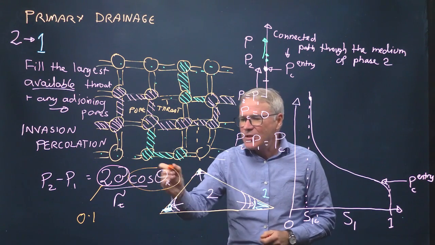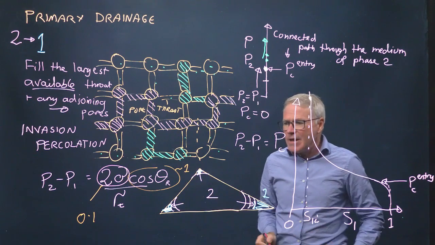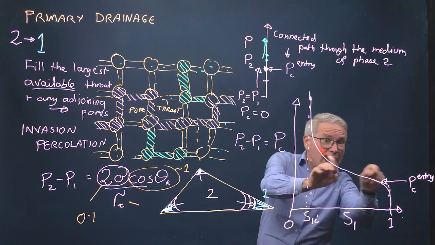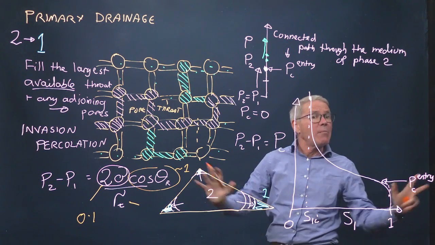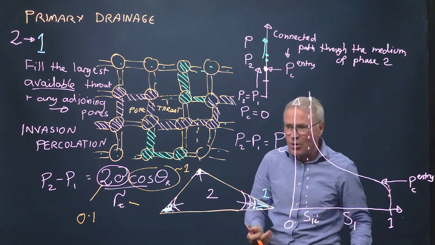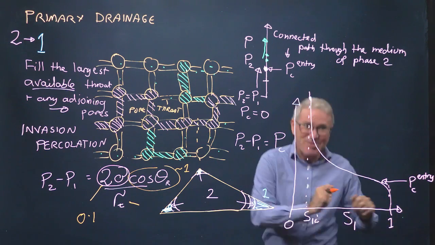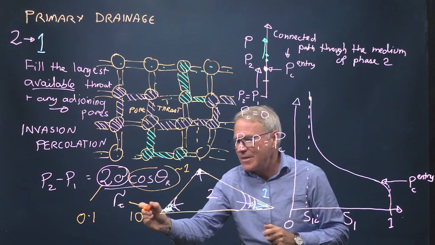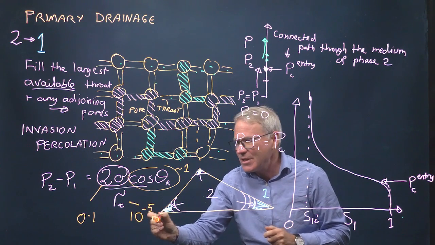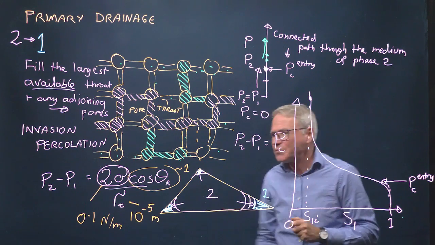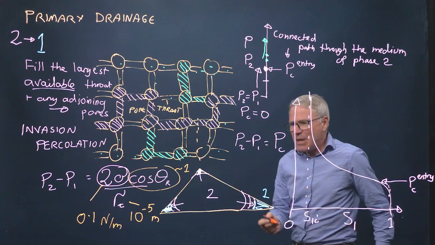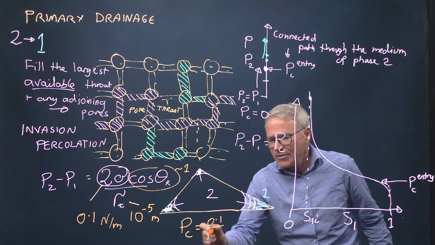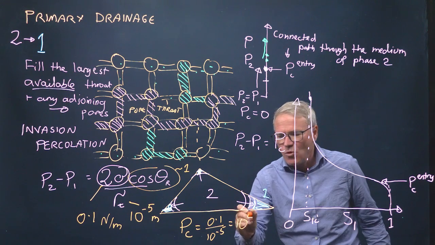Cos theta, I just said, is approximately 1. And then imagine a typical throat radius, a sort of mid-range, so when we're about halfway through, is say 10 microns. That would be quite a permeable rock, one that allows flow by reservoir standards quite easily. So 10 microns, again strict SI, 10 to the minus 5 meters. So that's going to give a P2 minus P1, so your PC here is 0.1 over 10 to the minus 5, that's 10 to the 4 pascals.